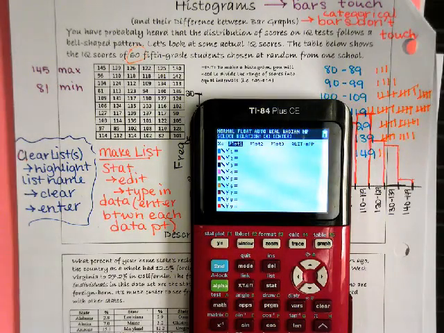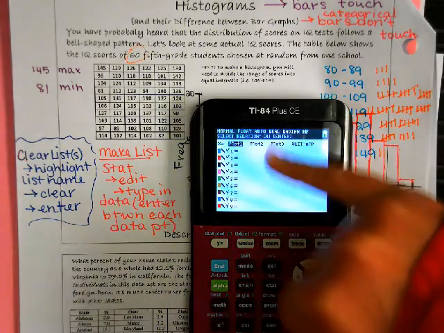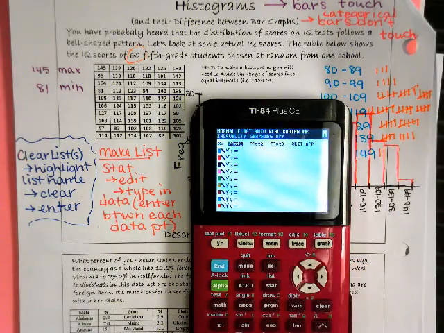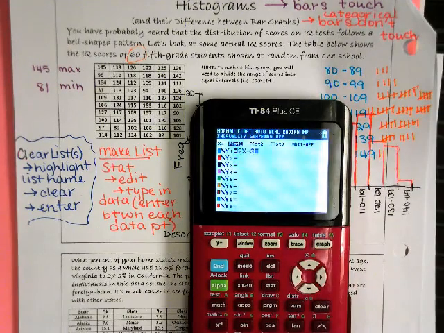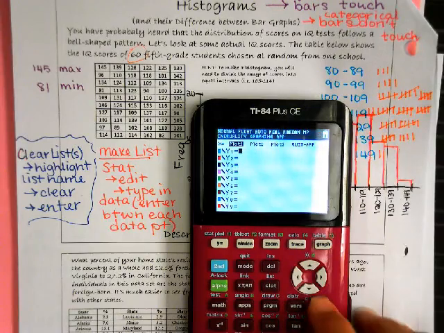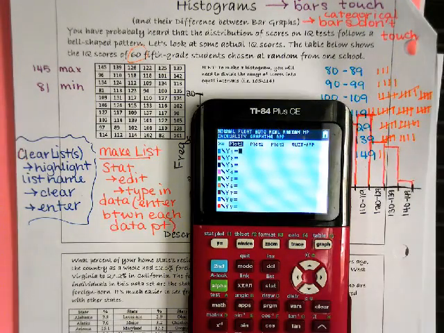So if, let's say you had an equation in there, like 2x plus 3, just highlight the equation, clear, gets rid of it. So if you have any equations in there, get rid of them. We good on that part? Okay, let's go back to the home screen. So second quit. And then we're going to hit graph, which is top right.